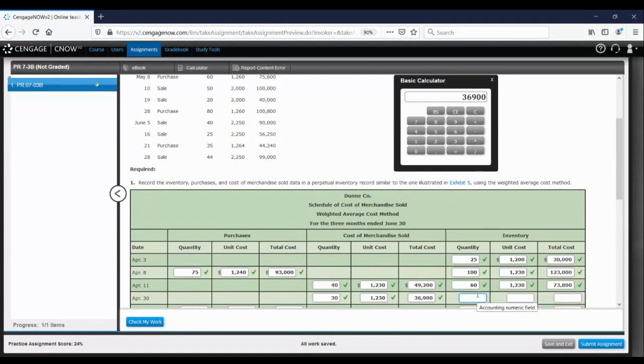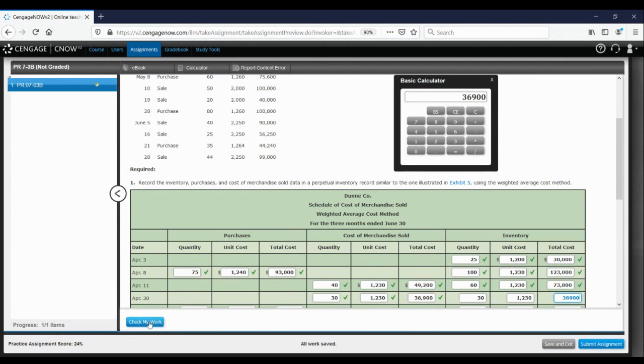Previously, on April the 11th, you had 60 units left over. You just sold 30 of them, so 30 units would be left at a cost of $1,230 each, which if you multiply that out, it will give you 36,900.